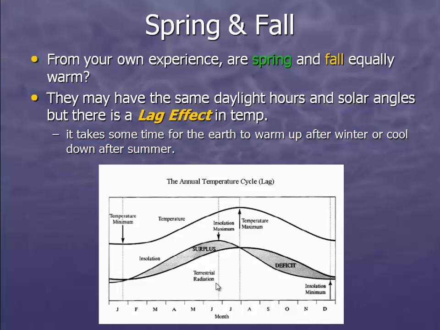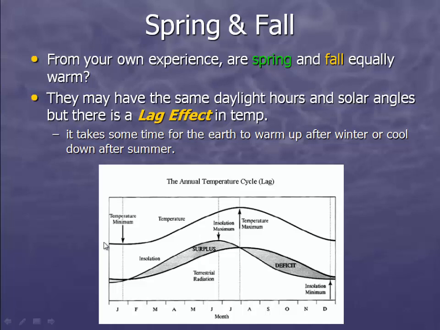So the longest daylight length, the highest solar angles, the least amount of beam spreading and beam depletion are occurring in the northern hemisphere on June 21st. That is noted by this kind of first curve right here, okay? So-called insolation curve. All right, so the insolation curve hits a maximum at June 21st.